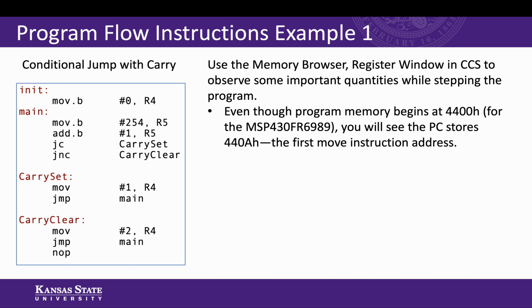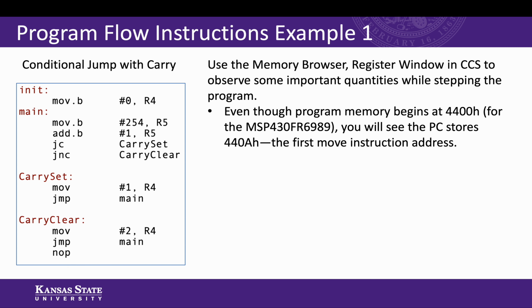Now, if you're using CCS, you might want to look at the memory browser and the register window again and step it through. Even though the program memory for the 6989 begins at 4400, you will see the program counter stores 440A, which is the first move instruction address when you debug and step through this program.